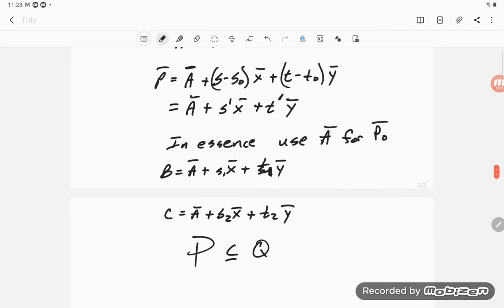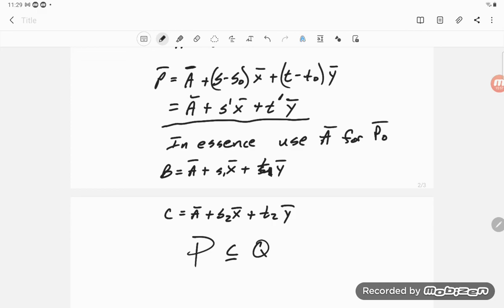But now they're going way back to our stuff with bases and independent vectors and dimension and all that kind of stuff, and saying, look, I can write A as something in Q, right?